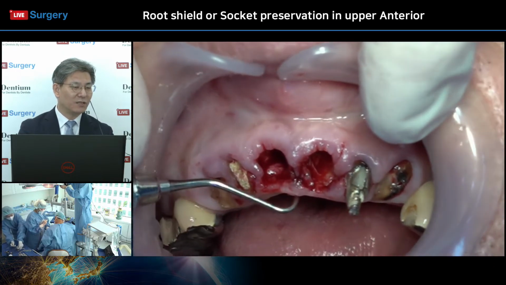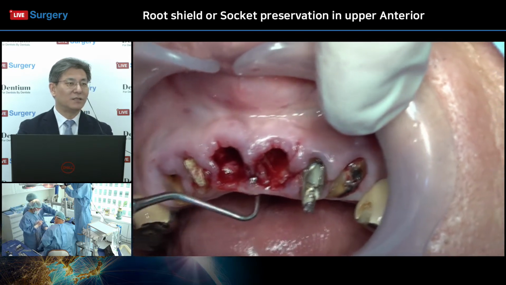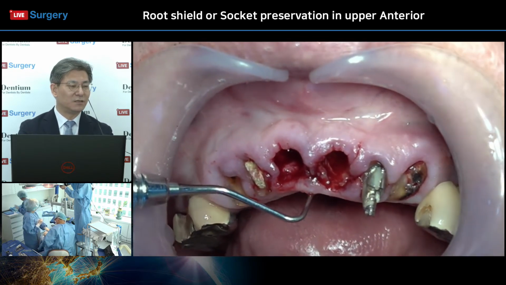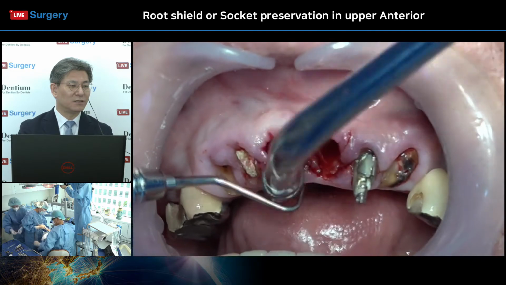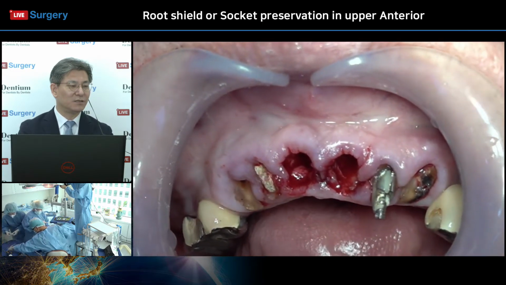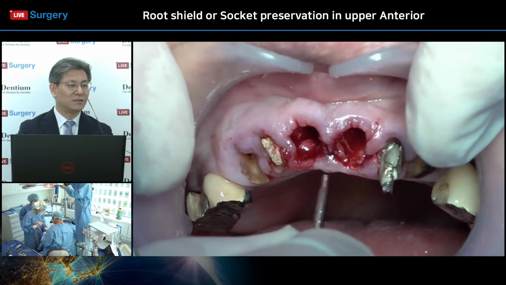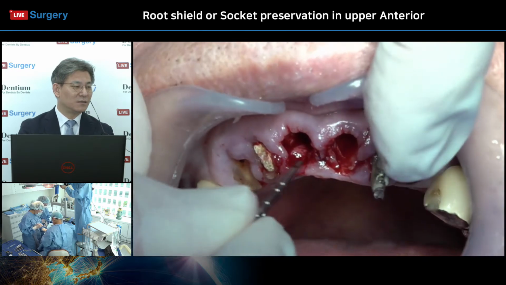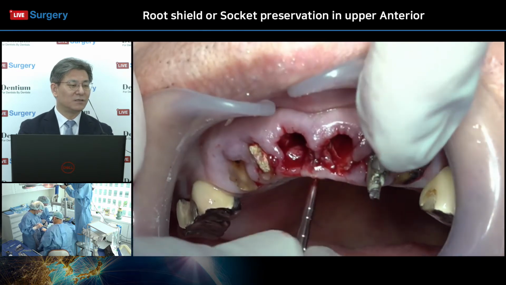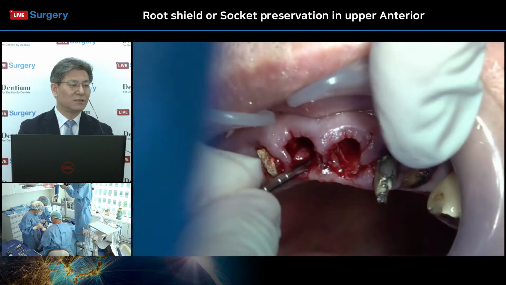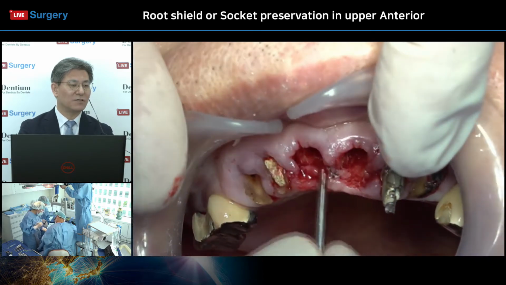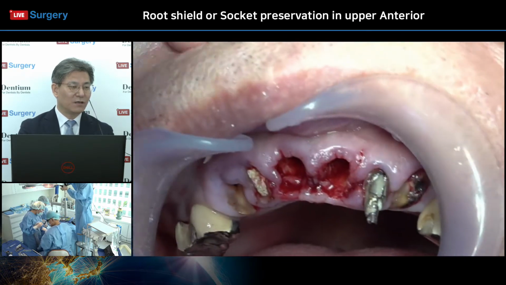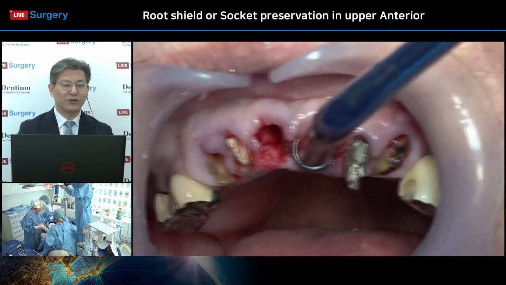He is checking the incisive canal here, before using the guide drill. He is checking the incisive canal first. This step is for preventing violation of the incisive canal during the drilling.